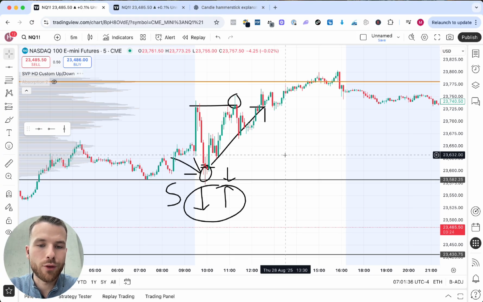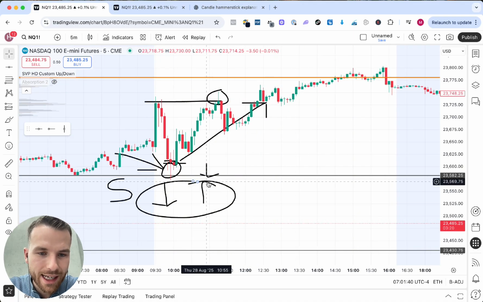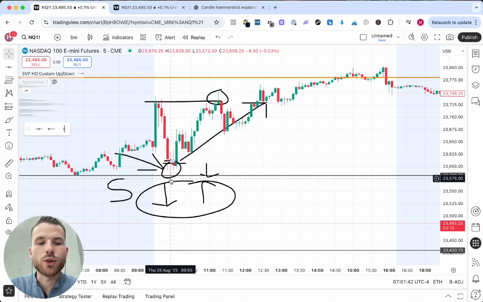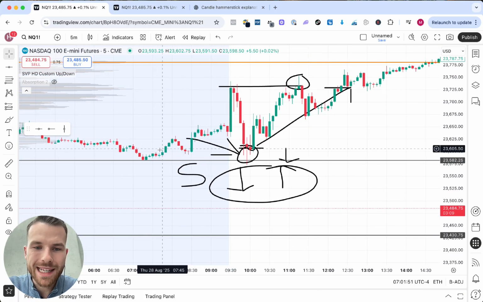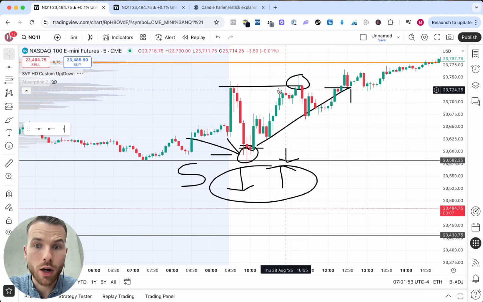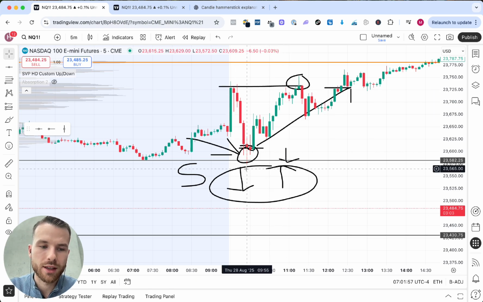And if you want to be more precise and you want to find entries exactly at these lows here, then you can use a tool called Bookmap. I have a bunch of videos on my channel where I just trade myself. And once I see that the market goes below this level right here, or below or above this level, I'm going into Bookmap. I want to see this in the order flow.